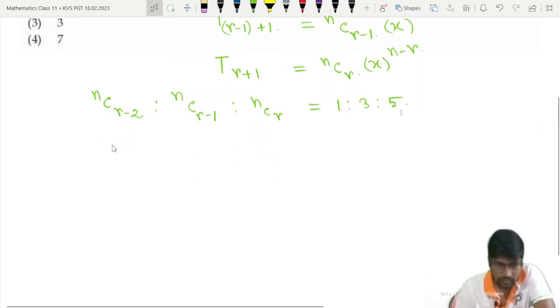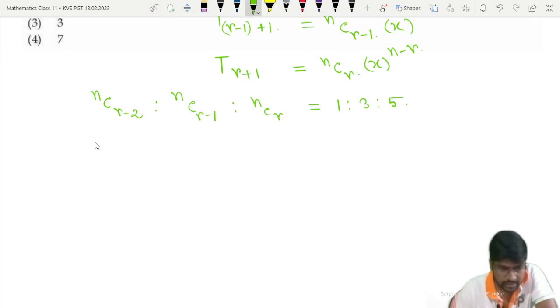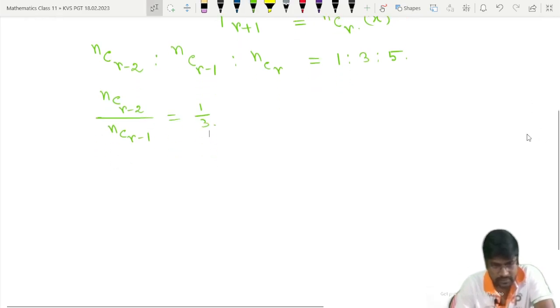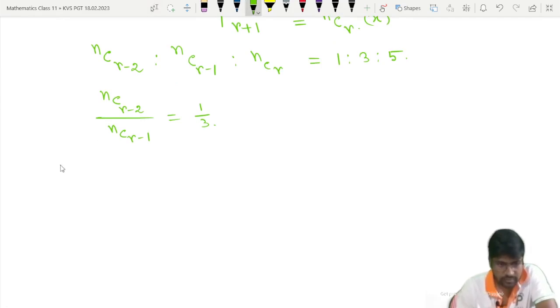Now one by one, we will take one ratio first. nc r minus 2 divided by nc r minus 1 is equal to 1 by 3, that we can take. So from this we will get one equation.